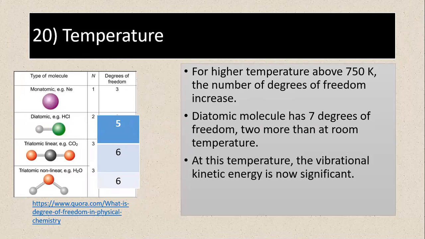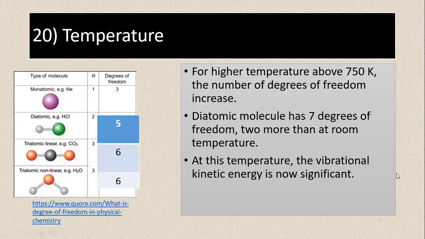Sorry, the 5 is translational and rotational, excluding vibrational. At low temperature it is 3, at higher 5, at higher temperature 6, then it gets 7, where vibrational comes in.